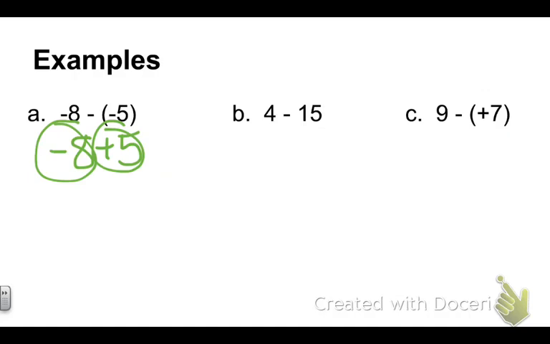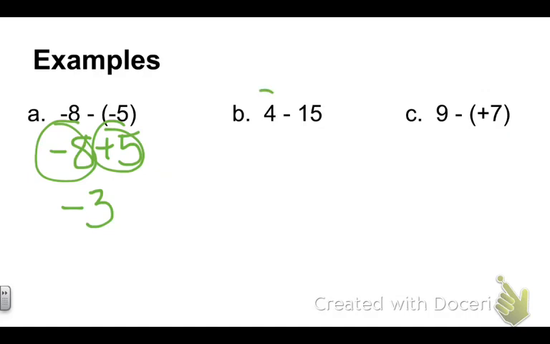What's the difference between 8 and 5? The difference between 8 and 5 is 3. And then look, which number has the greater absolute value? Is negative 8 farther, or is positive 5 farther from 0 on the number line? Negative 8 is farther away, so your answer is going to be negative 3.